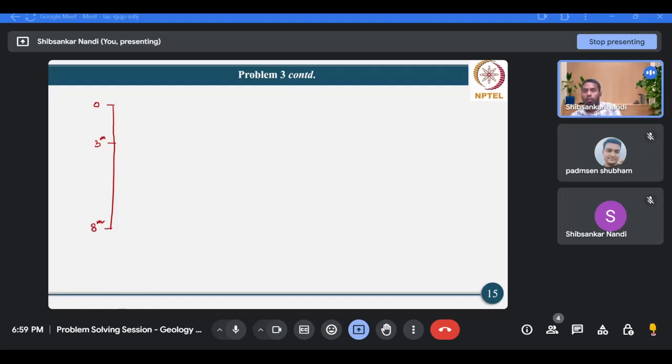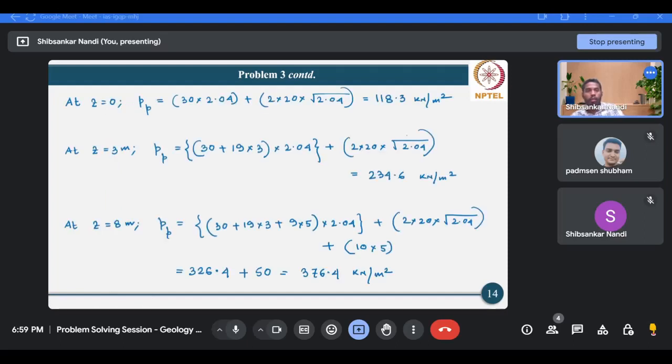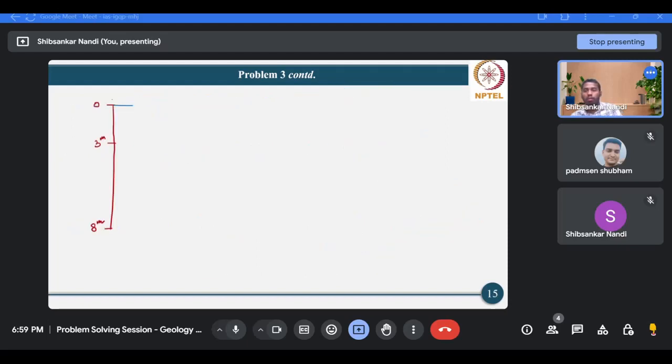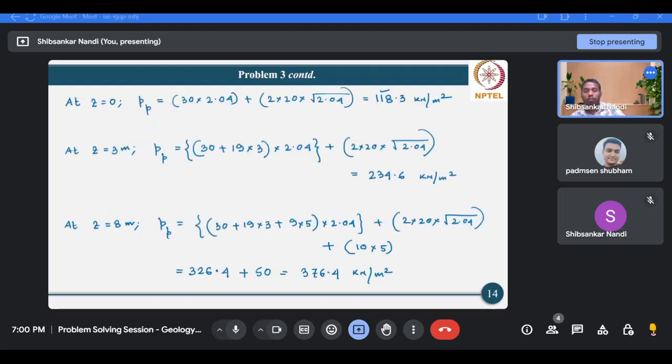At the top, it has a value 118.3, then at 3 meter it's 234.6, and at the bottom it's 326.4.